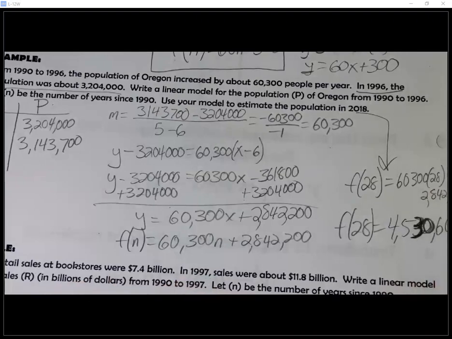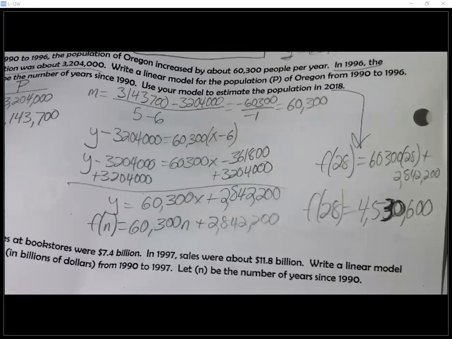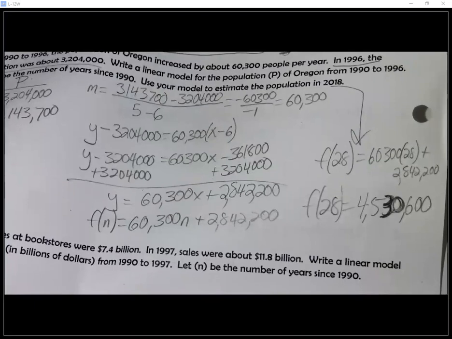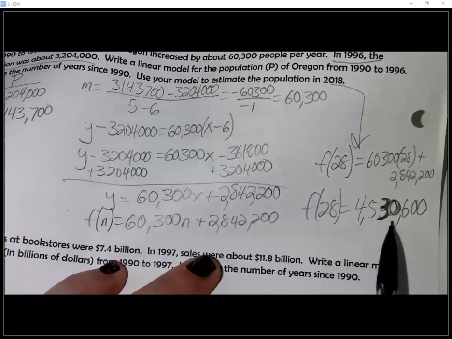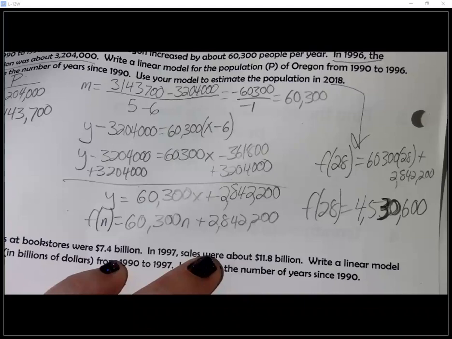So I got that the population of Oregon, if it follows this linear trend, would have been approximately 4,530,600 people in the year 2018. Did you get the same? Yes. Big numbers, but so what? We can still totally do it.